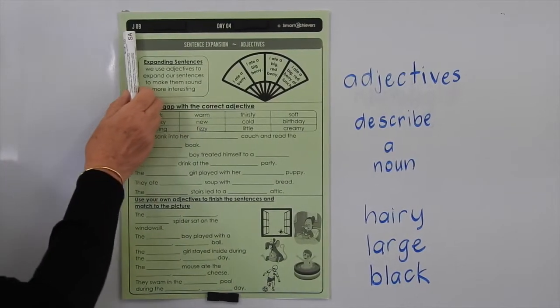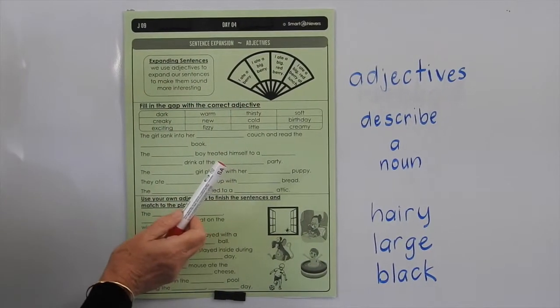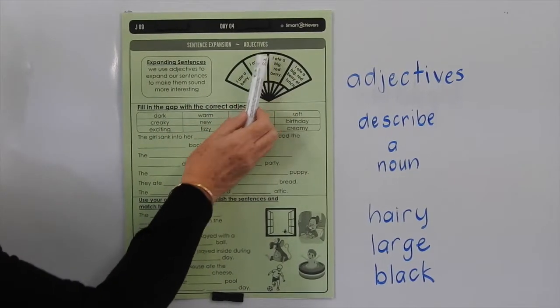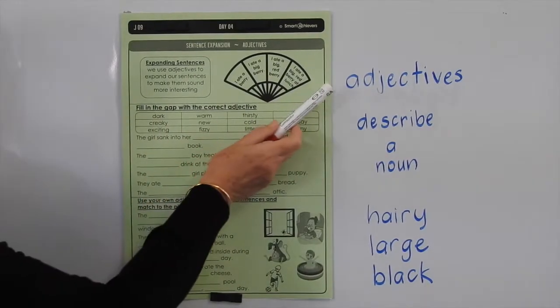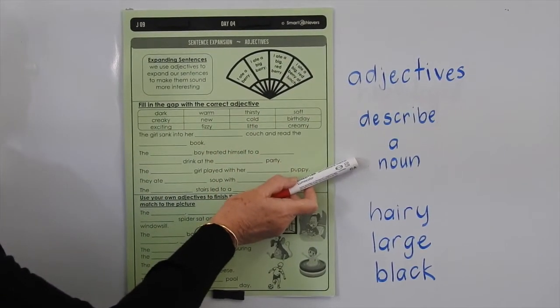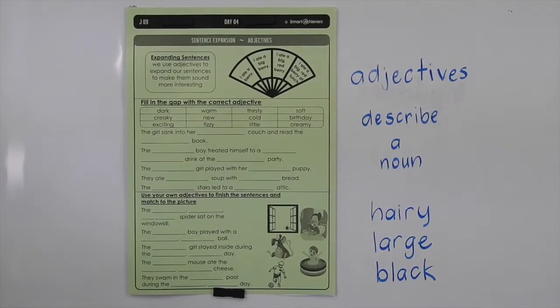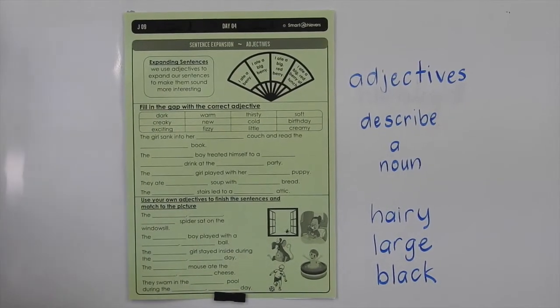This is level J, list 9, and we're doing the day 4 page. And this is sentence expansion by using adjectives. So to make a sentence more interesting, if we use adjectives to describe the nouns, we're giving the reader more information, and that will make it easier and better for them to read our story.